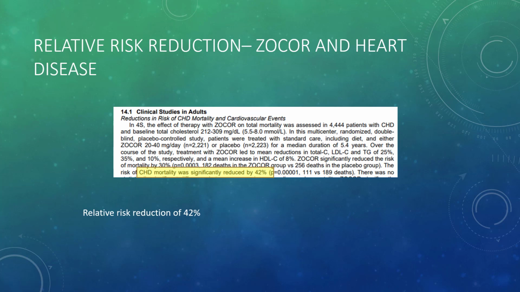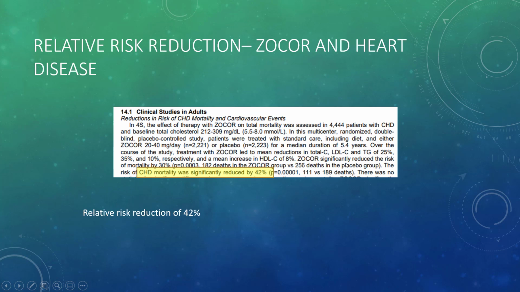Over the course of the study, Zocor led to mean reductions in total cholesterol, LDL cholesterol, and TG of 25%, 35%, and 10% respectively, and a mean increase of HDL cholesterol of 8%.